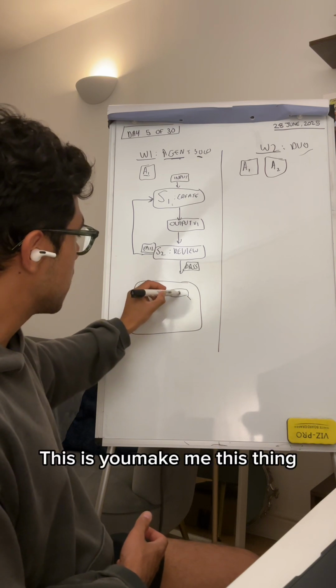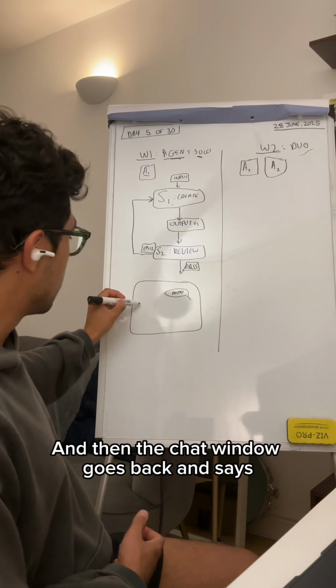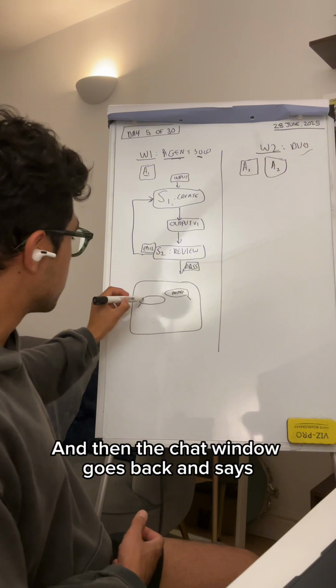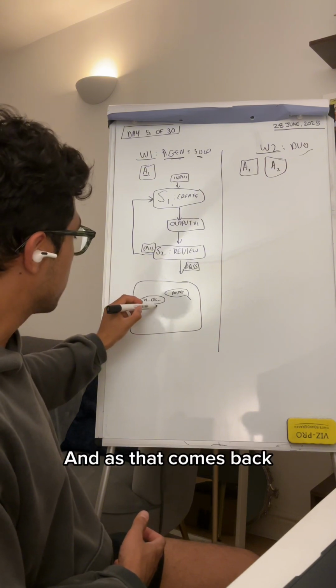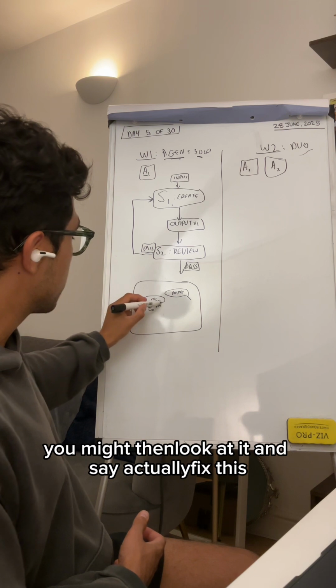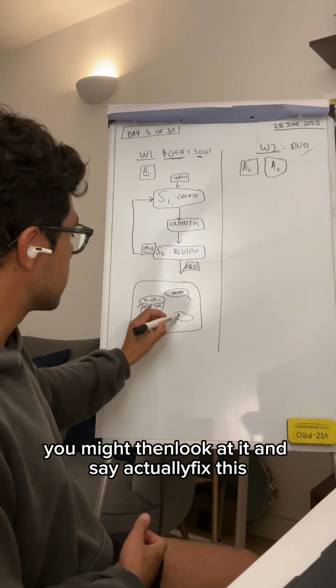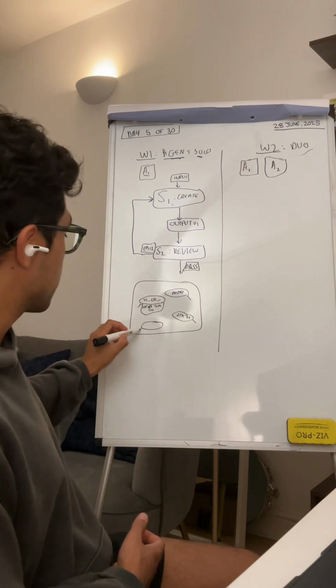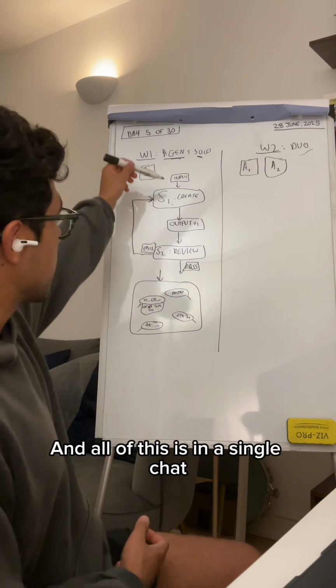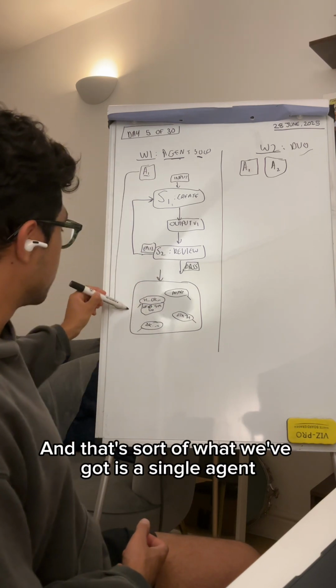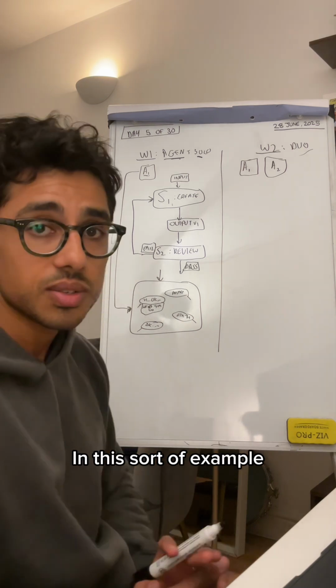And then the chat window goes back and says, okay, here you go. And as that comes back, you might then look at it and say, actually, fix this. And then it's like, okay, here you go. And all of this is in a single chat. And that's what we've got, a single agent in this example.